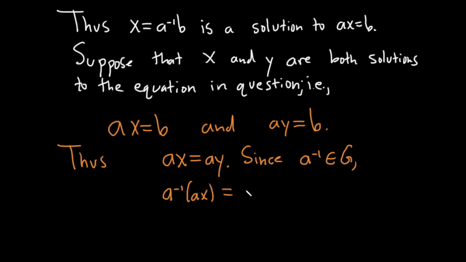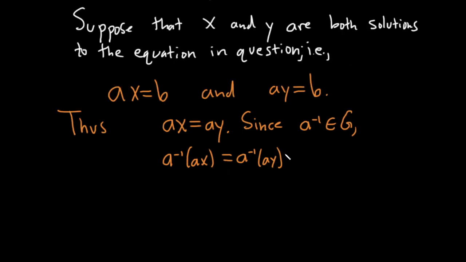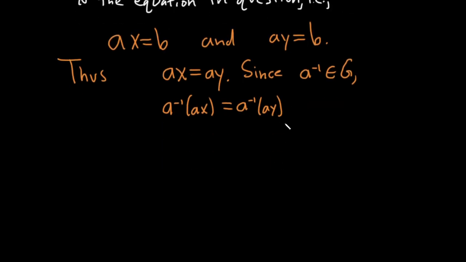It's very similar to what we did before, but now we're going to use associativity. So this is A inverse A, Y. And the more you do it, the better you get at it, so it's worth doing.